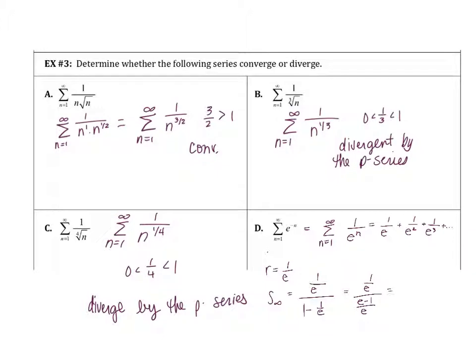And so that's 1 over e times the reciprocal, and those e's will cancel, so I have 1 over e minus 1. And so that's telling me that this series will converge because it's an infinite geometric, and notice that we actually know what it converges to.